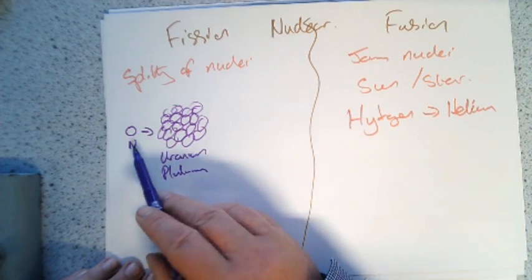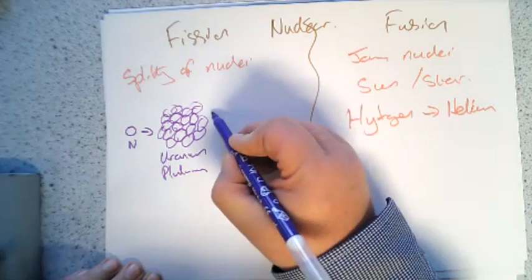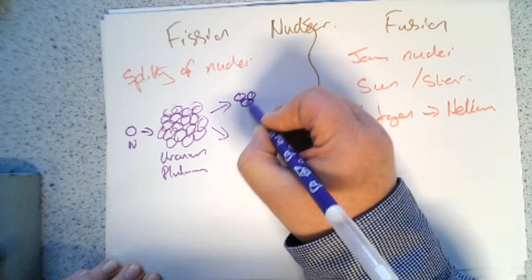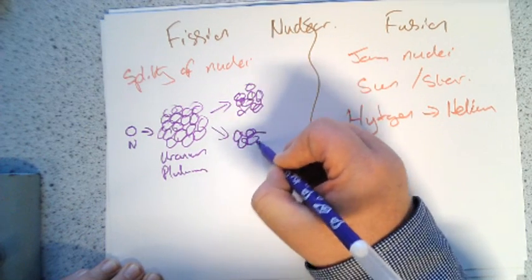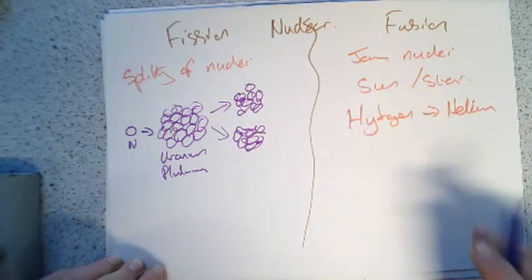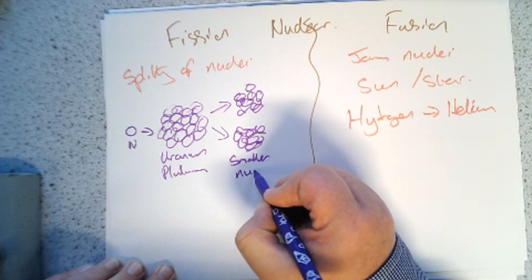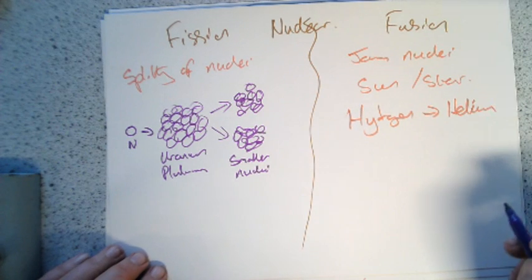Now, as a neutron combines with the nucleus, it makes it even more unstable. It splits into 2 smaller nuclei, okay? I've drawn those quickly. So there's 2 smaller nuclei, and they're krypton or barium.